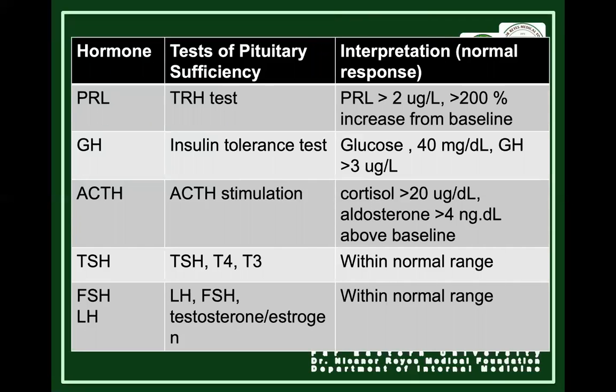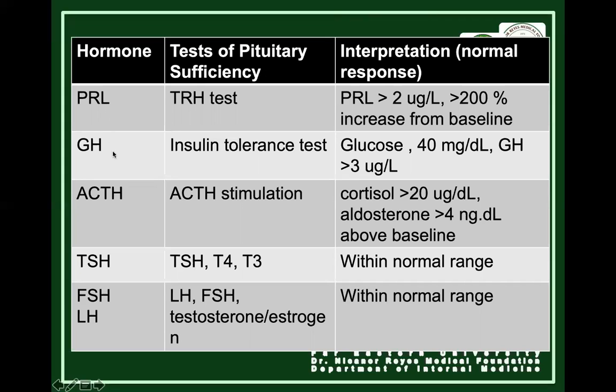But for research purposes, you can do the TRH, and usually the TRH test is also done here. If you want to check the integrity of your prolactin or your TSH, you can do a TRH test together. The interpretation would be prolactin should be more than 2 microgram per liter, or more than 200% increase from the baseline. That will tell you that the prolactin is sufficient. But to tell you honestly, I haven't done this test.